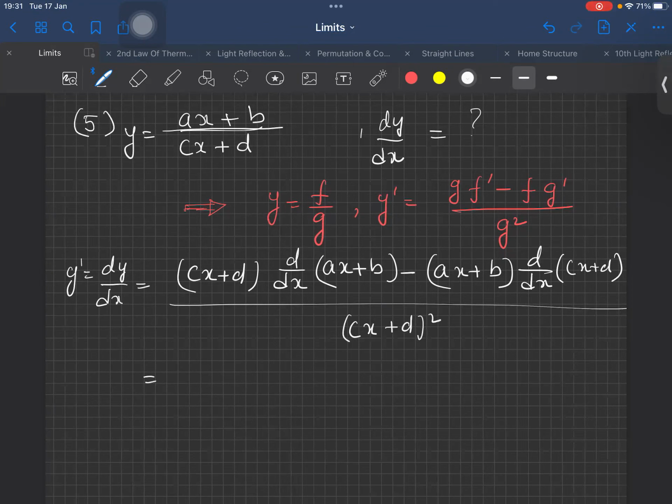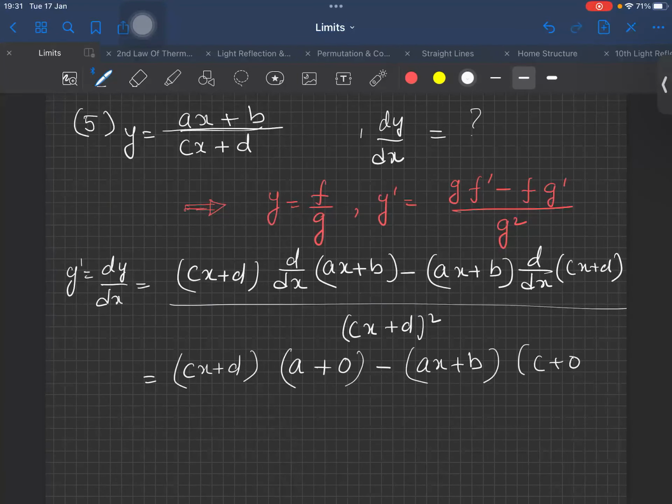So this will be equal to cx plus d into the derivative of ax, which is a, and b is constant so its derivative is 0, minus ax plus b. Similarly, here we have c plus 0, derivative of cx is c and derivative of d is 0, upon cx plus d whole square.